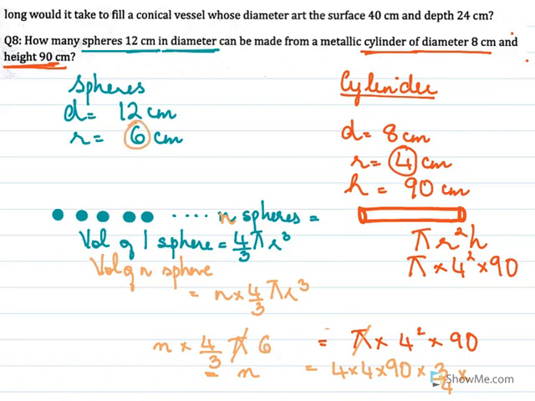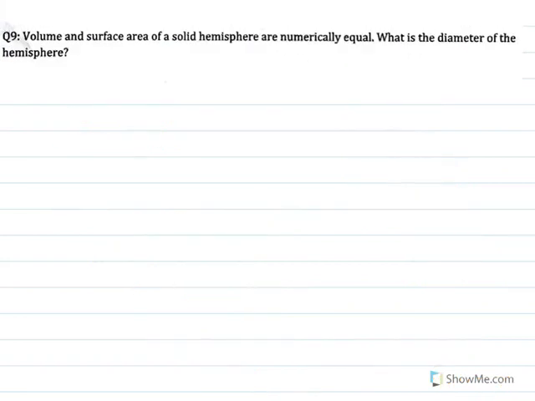So we put 6 cube here. That goes on the other side, becomes 1 over 6 cube. Now we find the value of this. And when you work this out, you get n equal to 5. So you get 5 spheres. You need 5 spheres to get into that cylinder.